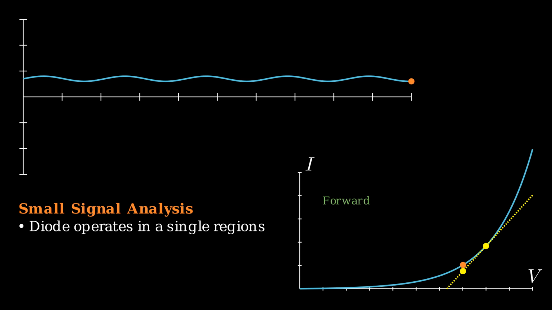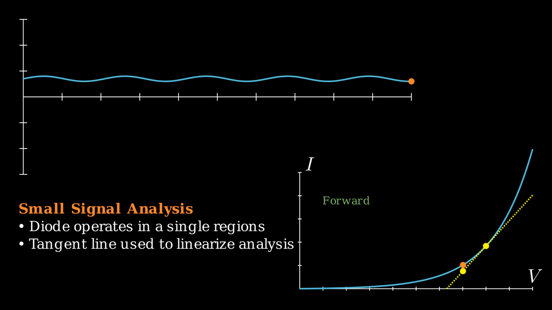Most of the time it will be forward biased. I suppose it could work in the breakdown region, though it isn't common. A reverse biased diode is effectively an open circuit, and AC analysis would be pointless. When the diode is in a single region, we can use the tangent line to model it and return to the safety of simple linear analysis.